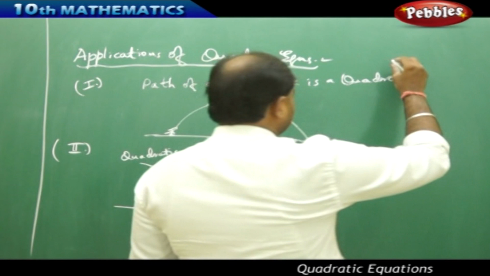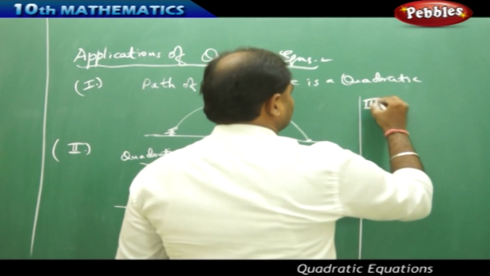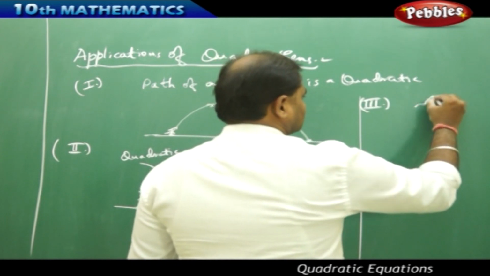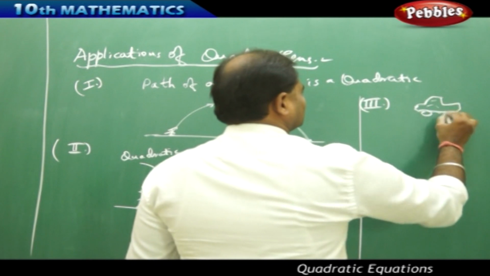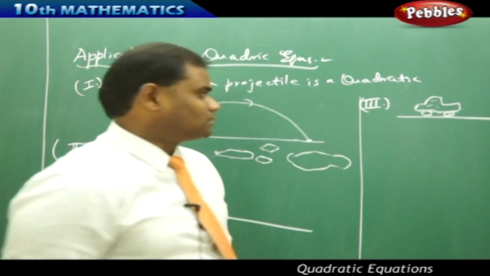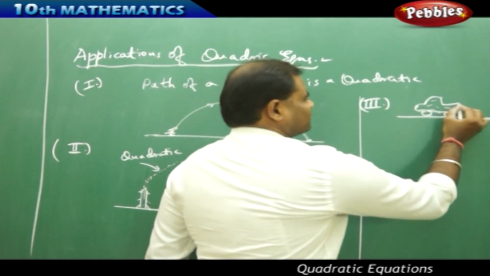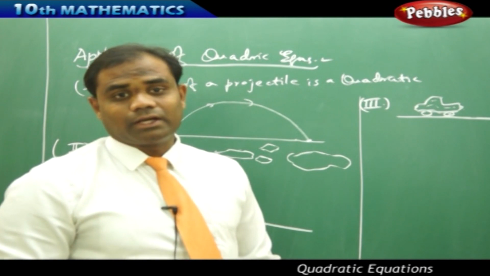Also, there are many other applications. Say, for example, I take a vehicle. I have a vehicle, then when it is going very fast on the ground, then if I put the sudden brake, then the stopping distance is also a quadratic.